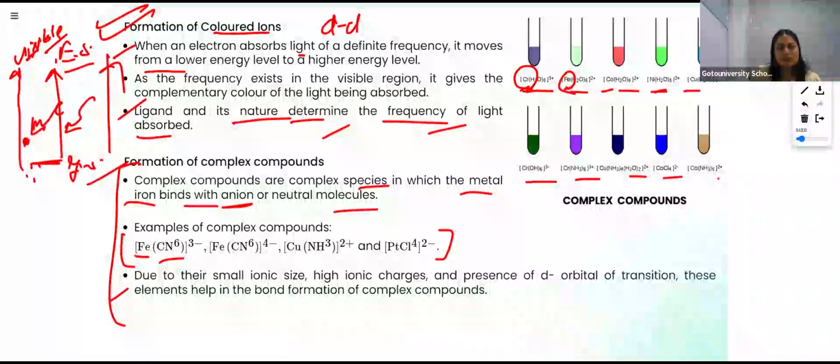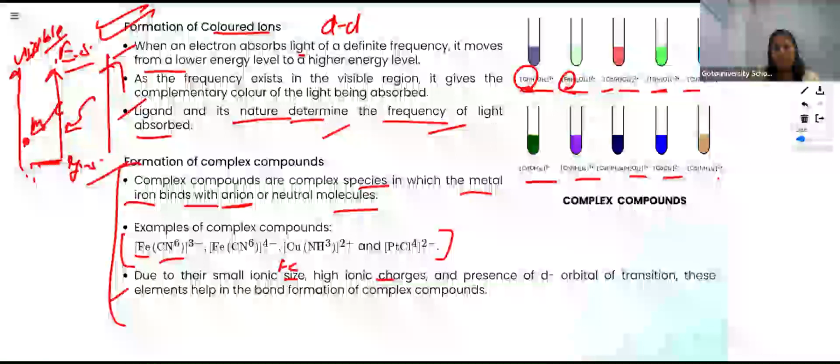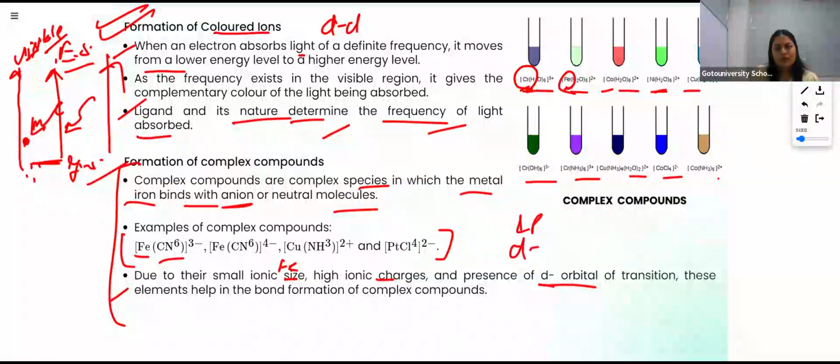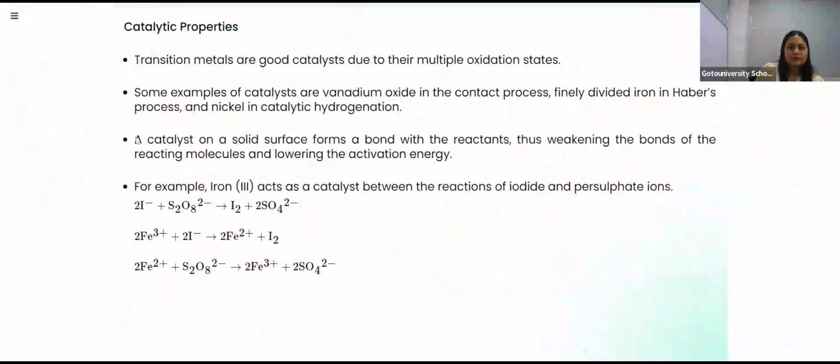Due to its small ionic size, we are talking about iron here, high ionic charge and the presence of d orbitals. The conditions I have already discussed with you: what are the conditions required for complex formation? A lone pair and an empty d orbital. The transition metal will accept these lone pairs and form a bond with the ligand, and they form complexes, right?